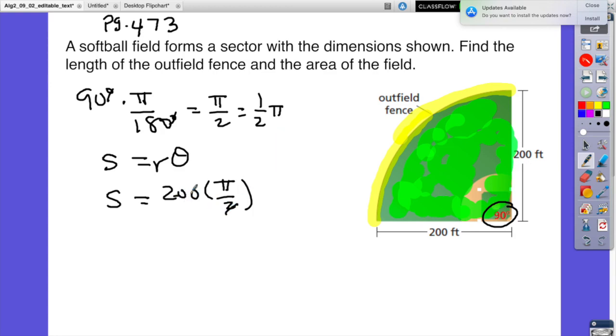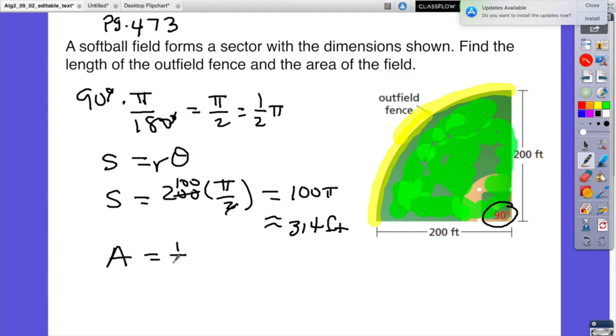Right? The length of the fence turns out to be 100 pi, which is approximately, when you put it in your calculator, 314 feet.